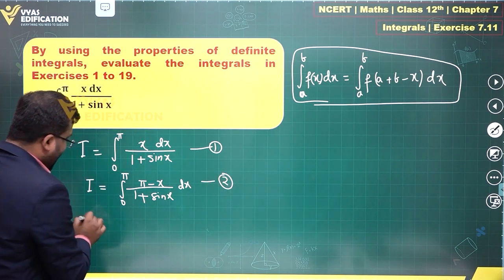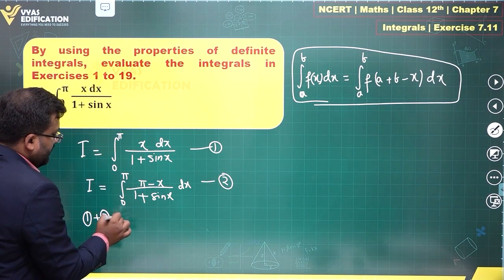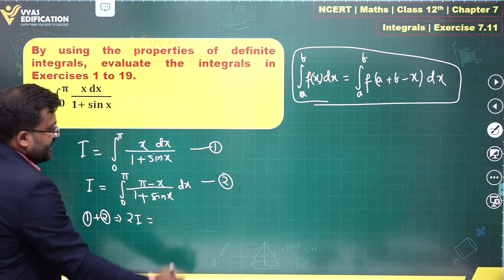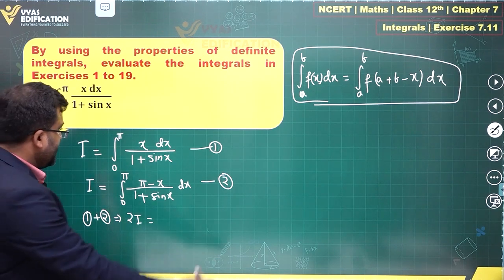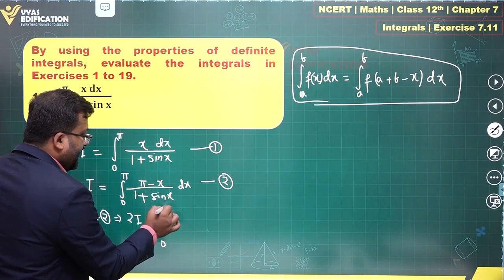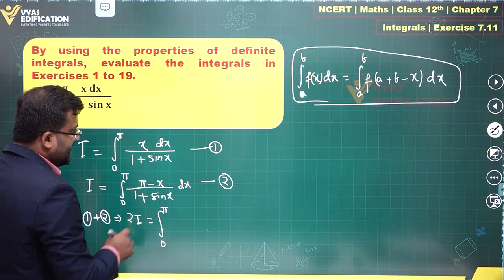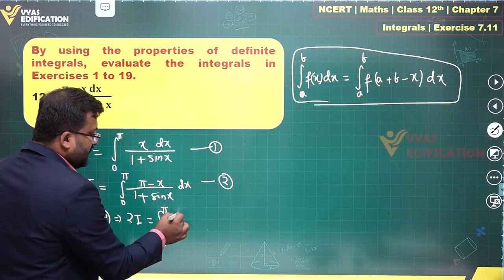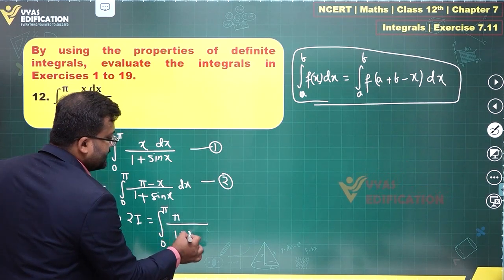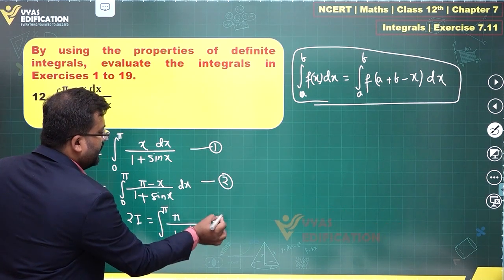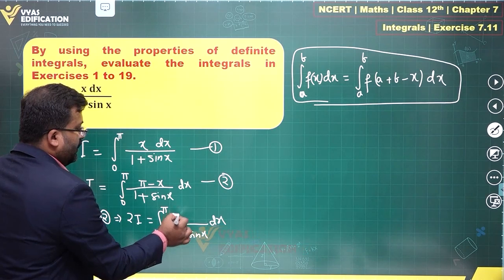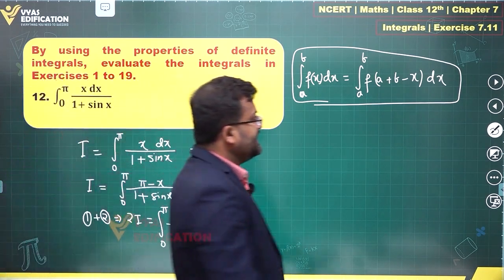What we can do is simply add these two. In the left hand side you have 2I, which is equal to integral from 0 to pi of x plus pi minus x, which is nothing but pi, upon 1 plus sin x dx. Now, what else?